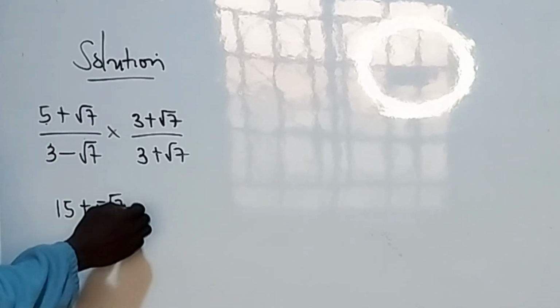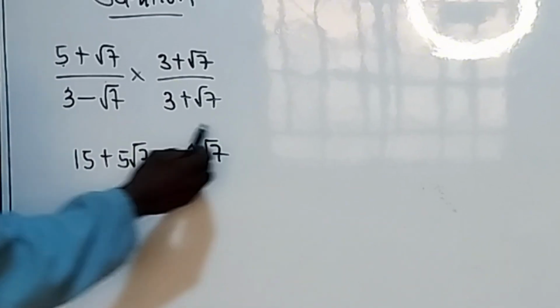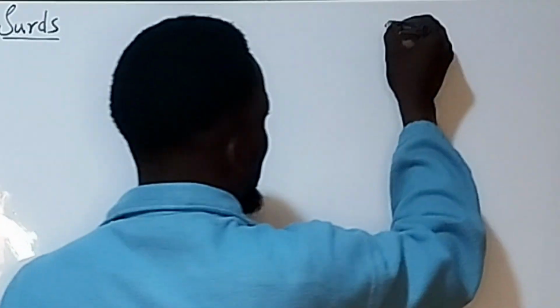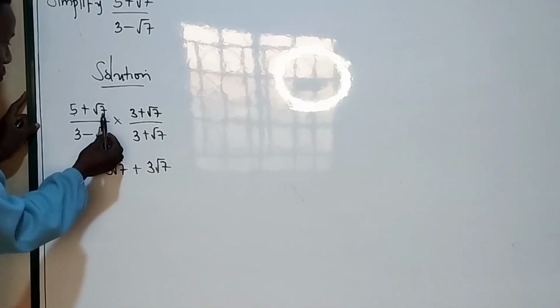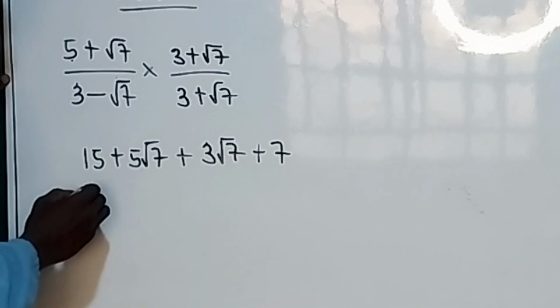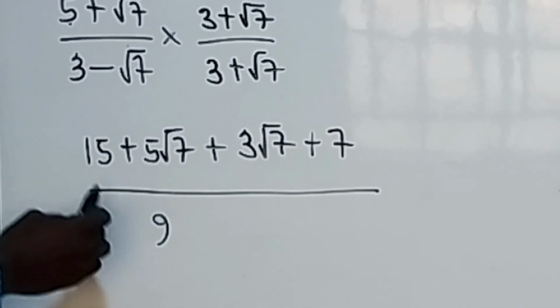Plus root 7 times 3 will be plus 3 root 7. Plus root 7 times plus root 7: you remember the rule, don't forget, root x times root x equals x. So plus root 7 times plus root 7 will be plus 7.